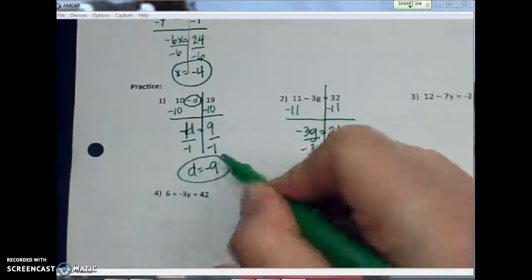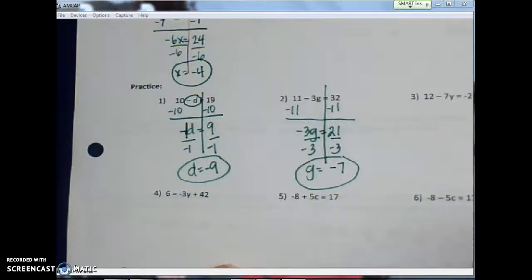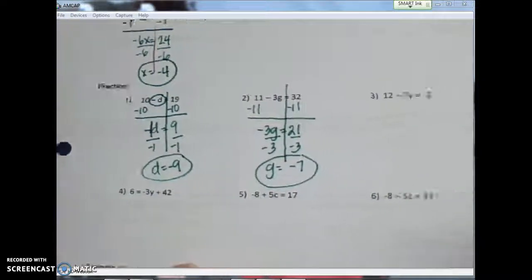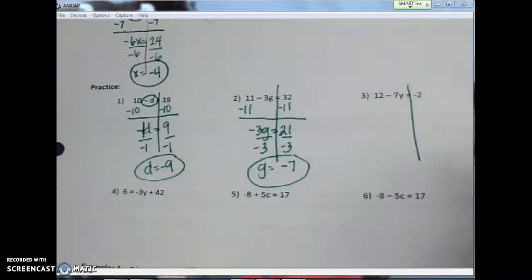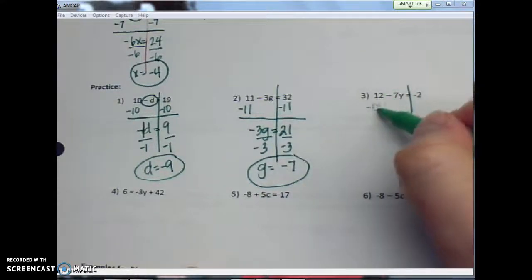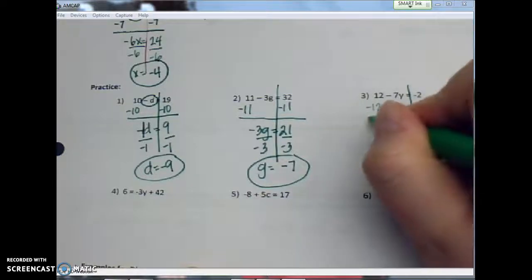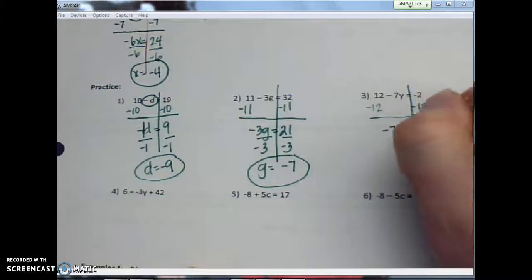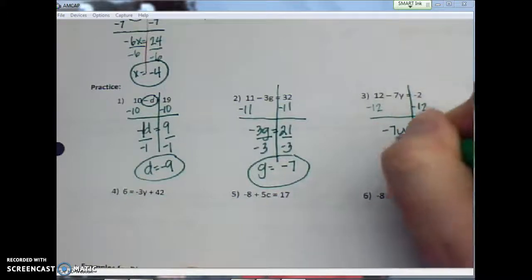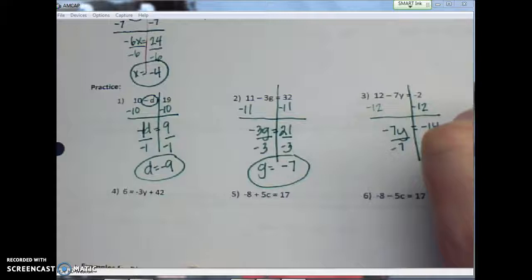Remember, with each of these, put them back into the original equation and make sure that it works. Number 3, you're going to draw your line down, and we're going to start with subtracting 12 from each side. I bring down that negative with my y, so negative 7y equals negative 14. I divide by a negative 7, so y equals a positive 2.